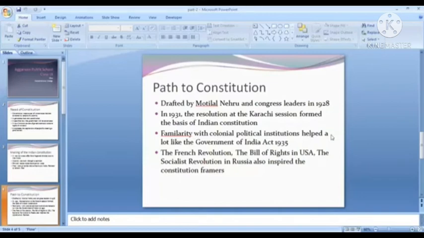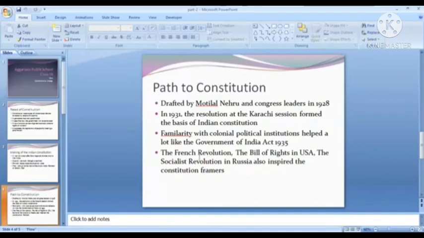Besides this, the constitutions of other countries, ideas from other countries, also helped a lot, like the French Revolution. The ideas derived from the French Revolution, like equality, liberty, fraternity, were also included in our constitution.